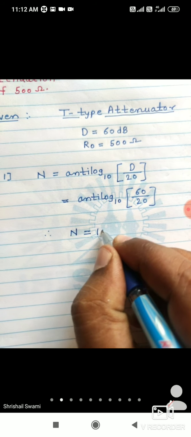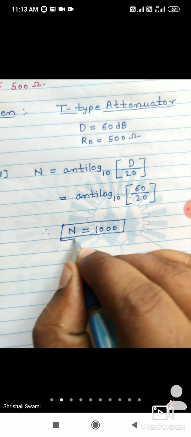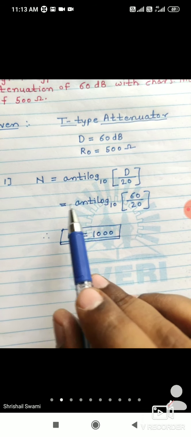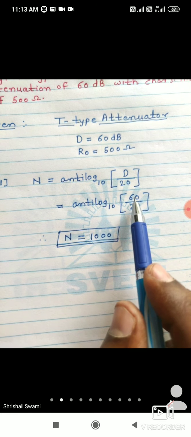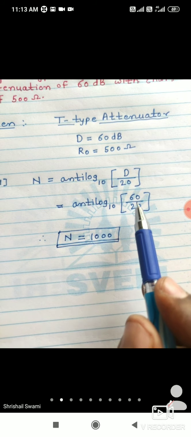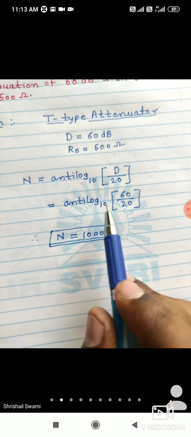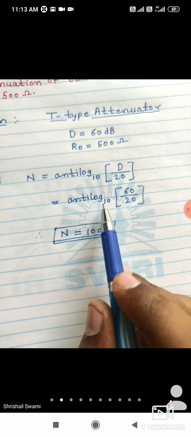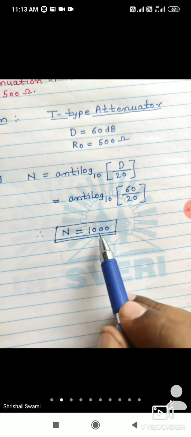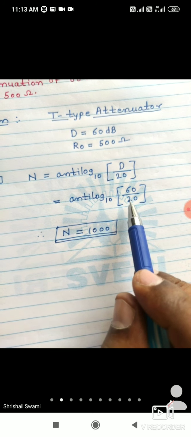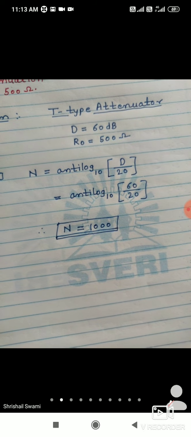So N is equal to 1000. Shift log will give the antilog, and you can write 60 divided by 20, or directly you can write 3. So that will give the 1000. So from this we can consider, if antilog of 3 is there, you will get 1000. If antilog of 2 is there, you will get 100. If antilog of 1 is there, then you will get 10.